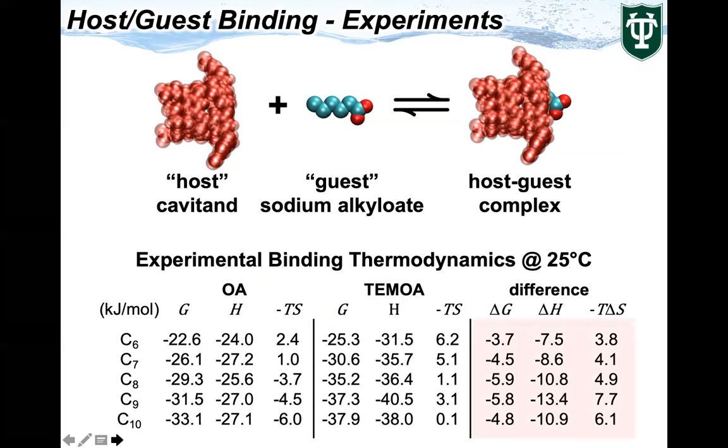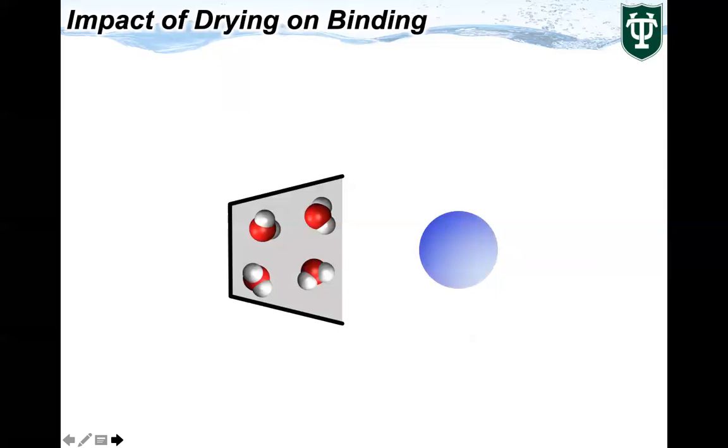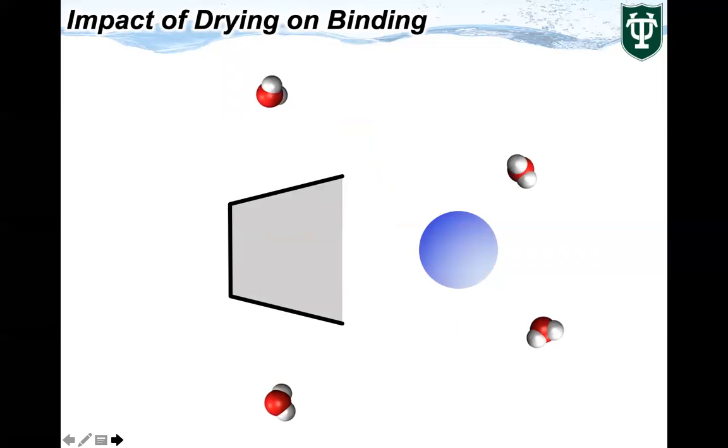And so we asked, can this be moderated by the drying phenomena? If we're actually going to get guest binding to a pocket, we are ultimately going to first have to empty the waters from that pocket to be able to get the guest in. And so drying could play a significant role.